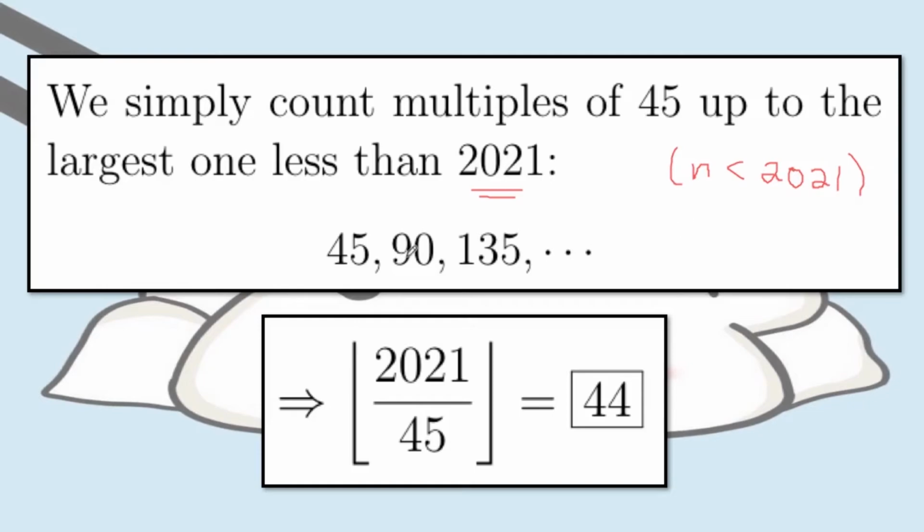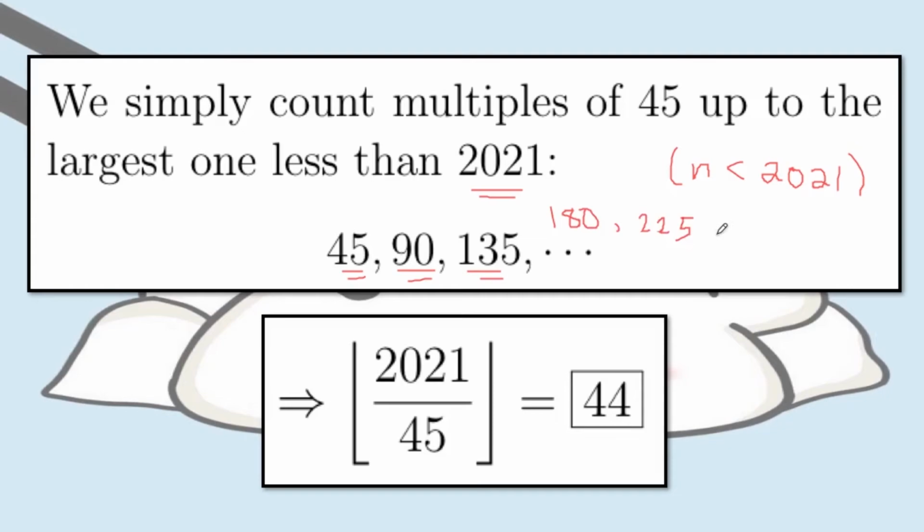We have the first three, 45, 90, and 135, from our simulations. The next ones we get by just adding 45: 180, 225, 270, and so on.